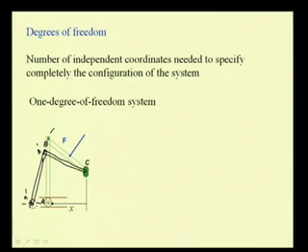That means if we know the coordinates of A prime, B prime, then we know the new configuration completely. Since these bodies are rigid, these lengths do not change.